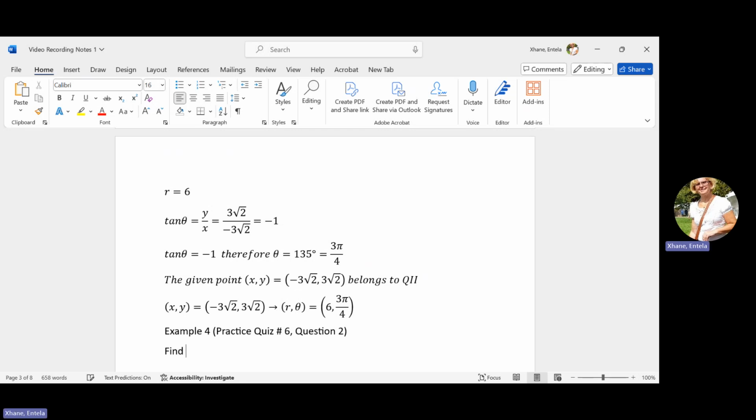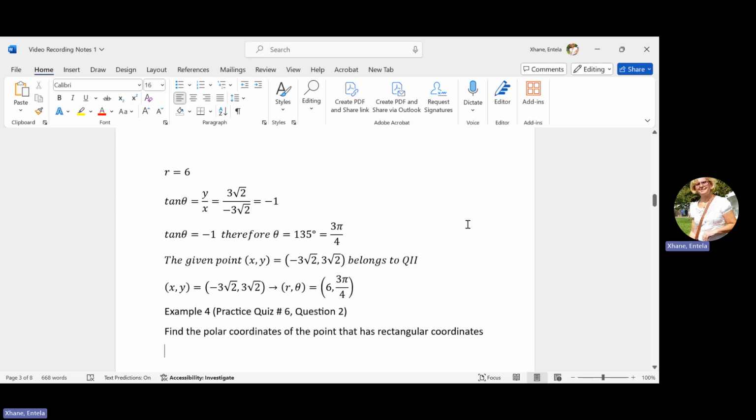Find the polar coordinates of the point that has rectangular coordinates. And these are the rectangular coordinates. So I have to copy this and then adjust it accordingly.